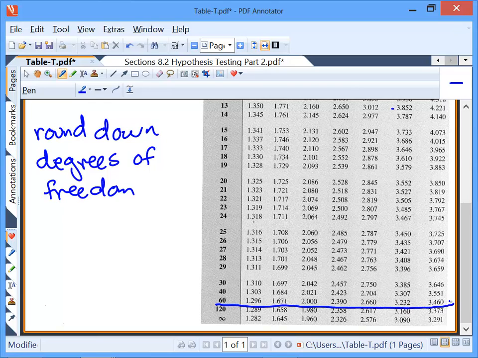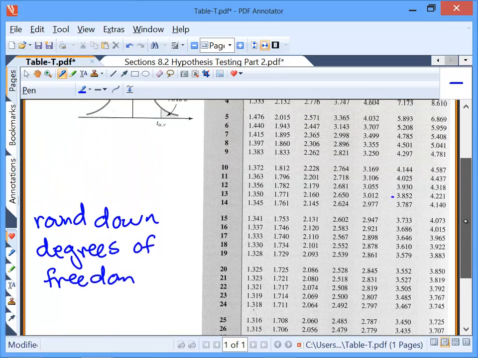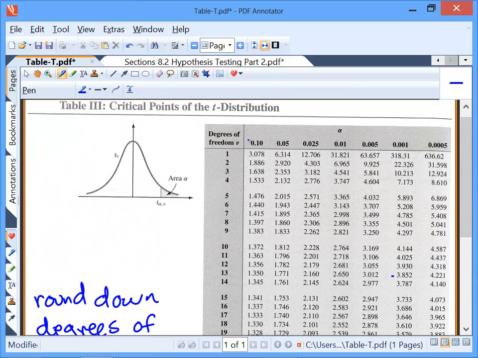I'm looking for 1.02. So where does that fall? Somewhere over here to the left. Let's scroll up so I can see what that probability is. So that probability is somewhere right here. What can you tell me about that probability?